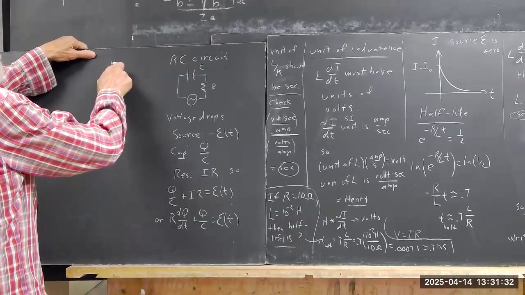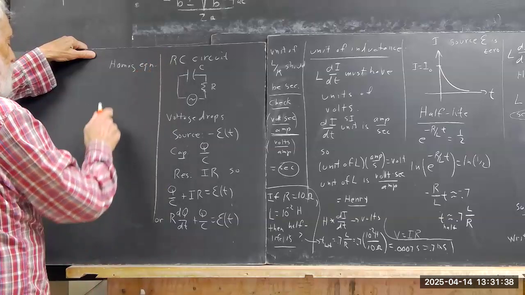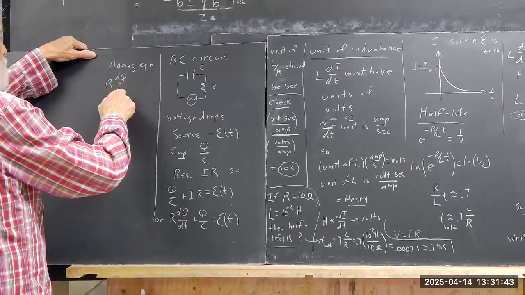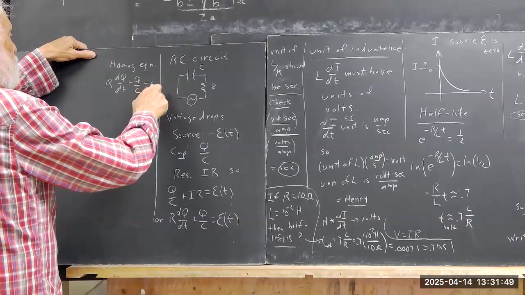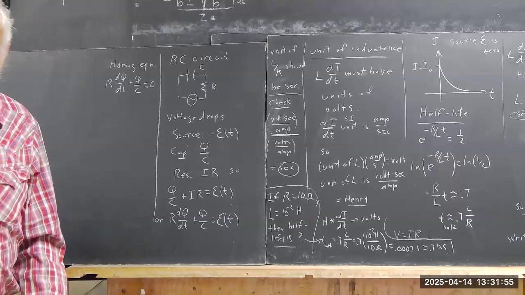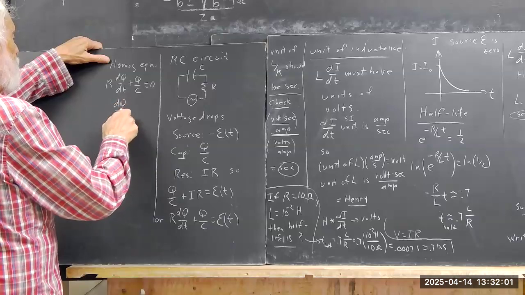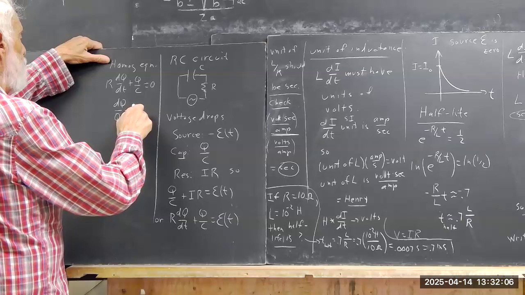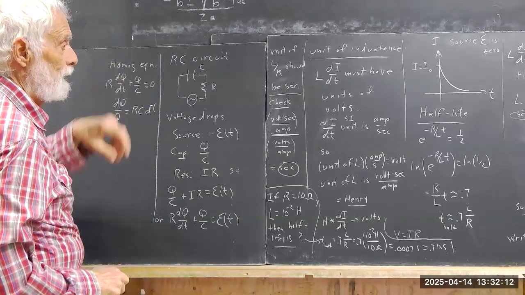The homogeneous equation is R dq/dt plus Q over C equals zero, which rearranges to dq over Q equals negative 1 over RC dt.